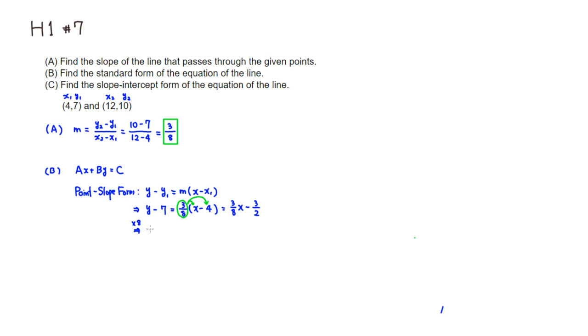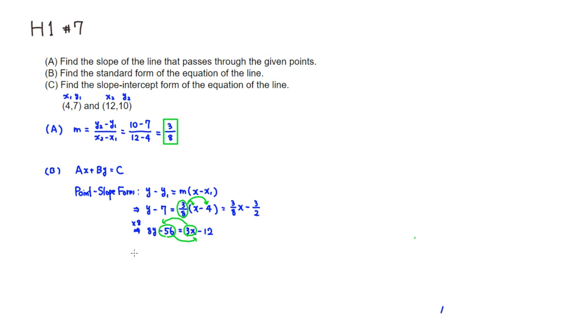So you're going to get 8y minus 56 is equal to, the 8 cancels out, so you just get 3x, then 8 times 3/2 is 4 times 3, so 12. Then I need to put the 3x on the left hand side and negative 56 on the other side.